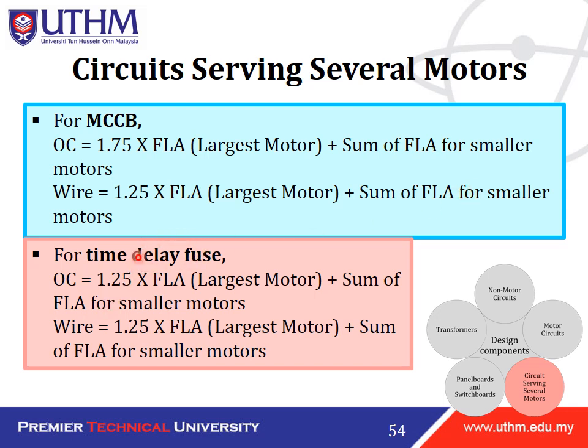For wire or cable, it is 1.25 times full load ampere for the largest motor plus the sum of FLA for smaller motors. For a time delay fuse, the overcurrent is 1.25 times full load ampere for the largest motor plus the sum of the FLA for smaller motors. For wire or cable, it is 1.25 times full load ampere for the largest motor plus the sum of FLA for smaller motors.